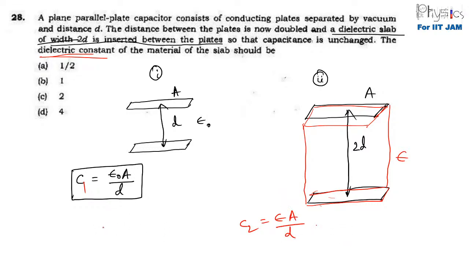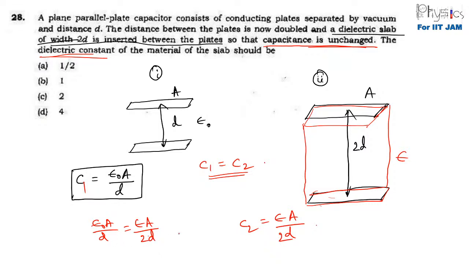So we have the capacitance unchanged, right? So we have C1 equal C2. Okay, so epsilon naught A by d equals epsilon A by, sorry, it is 2d. 2d.